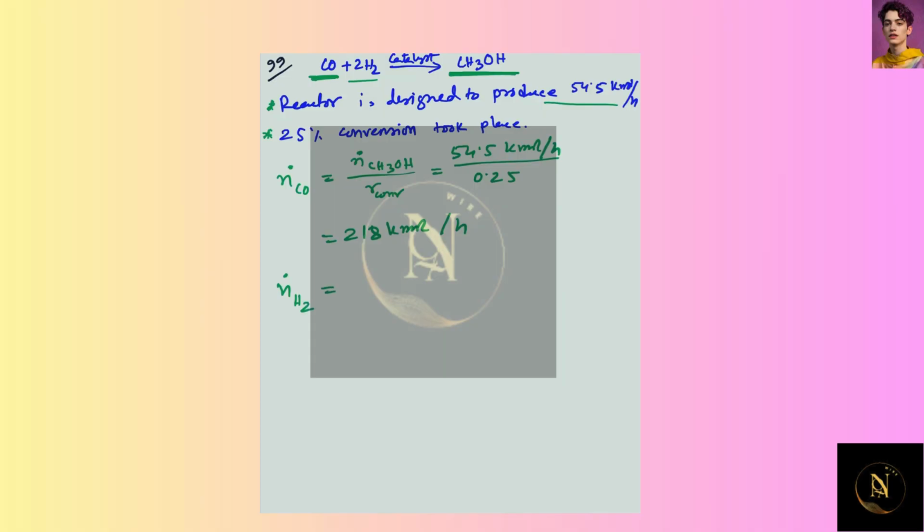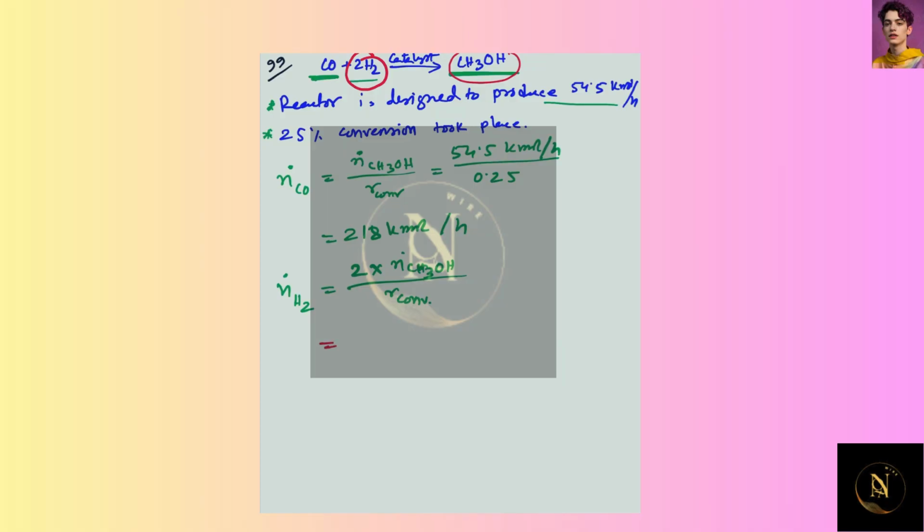And the molar rate of hydrogen is then 2 multiplied by the number of moles of methanol divided by the conversion factor. The reason is 2 moles of hydrogen give 1 mole of methanol.